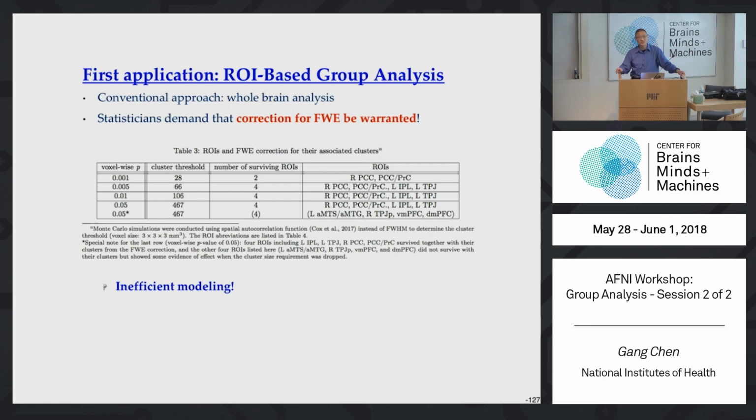So there are 2 things I want to mention here. First of all, it's a little bit arbitrary, right? It depends on what kind of primary threshold you use, you may end up with a slightly different result. Notice the first row, you can claim 2 clusters. The other 3 rows, you get 4 clusters. So it's a little bit arbitrary. That's troubling.